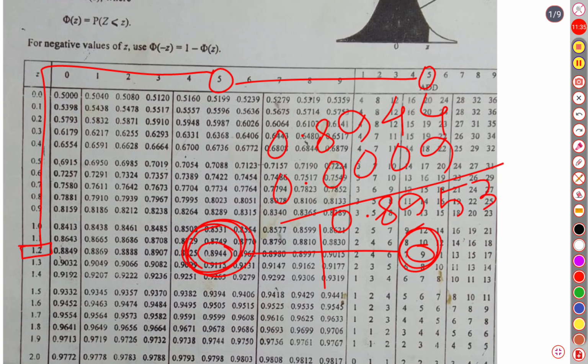So that is how we can use the normal distribution table very easily. Look at this: here the probability starts from 0.5, that means more than half, the least probability is half at the midpoint.